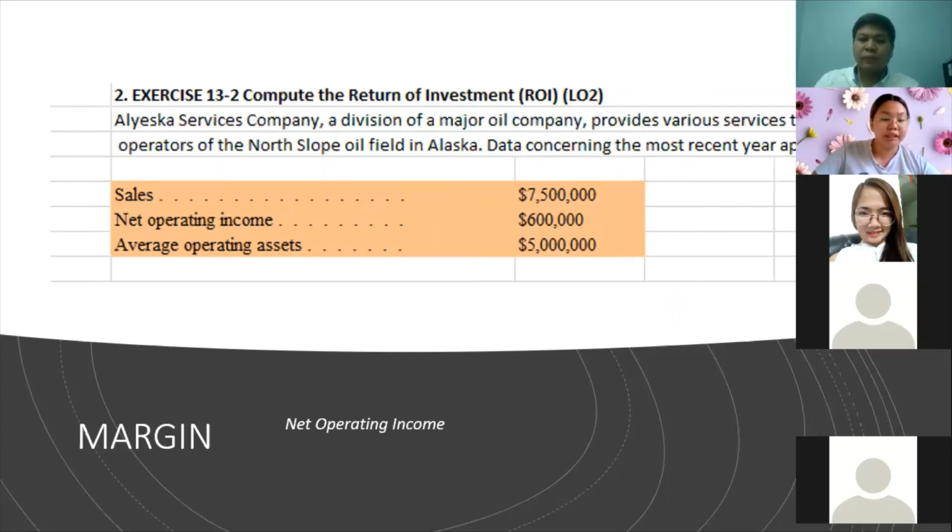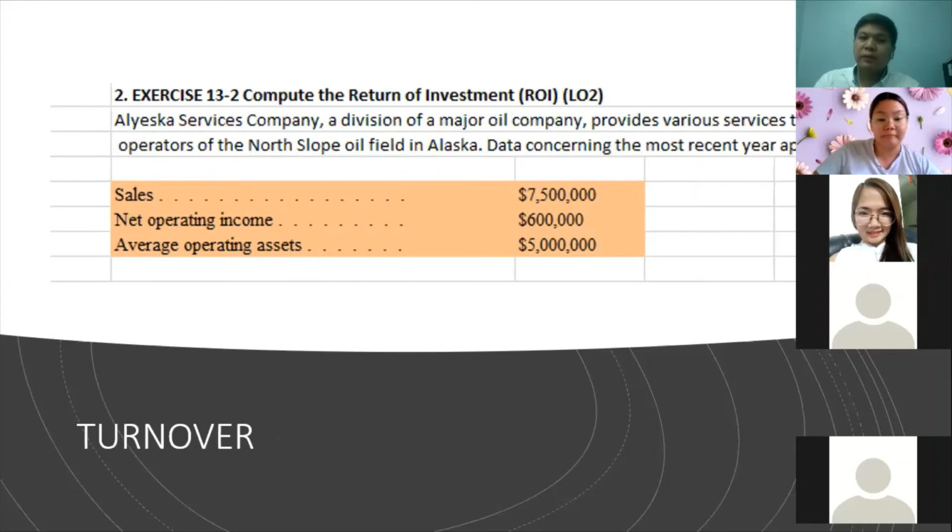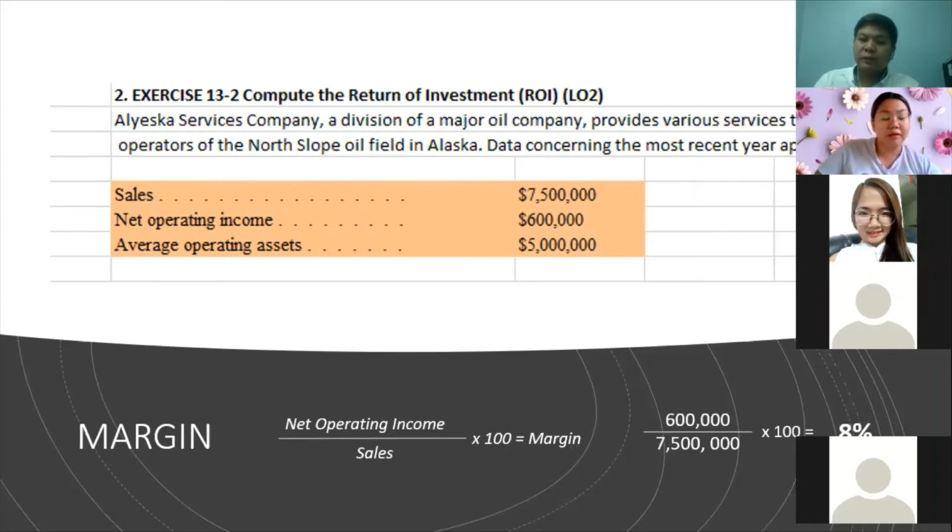So for the margin, the formula is net operating income over sales multiplied by 100. In this exercise, we have $600,000, which is the net operating income, over 7.5 million, multiplied by 100, and we got 8. So that's the margin.